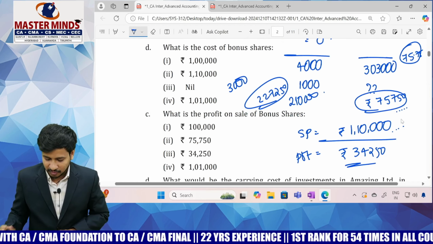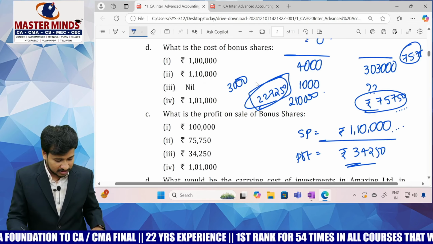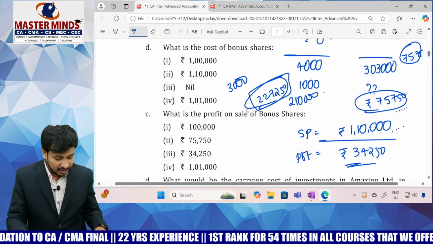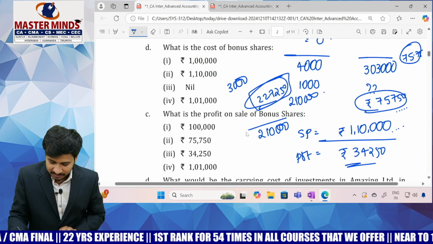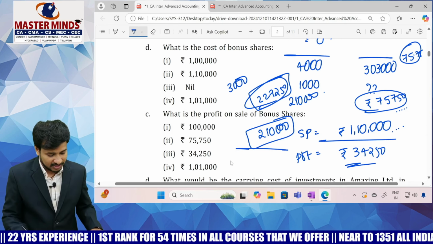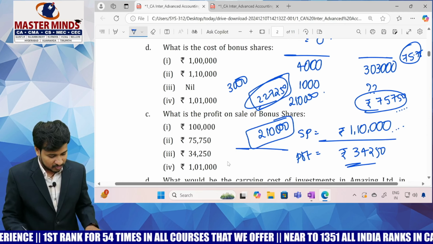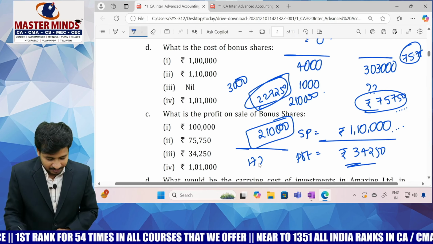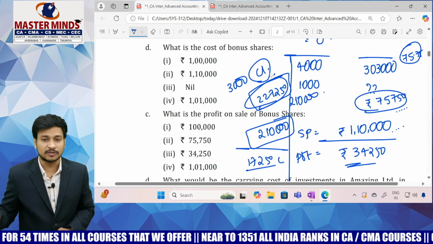The cost of closing shares was 2,27,250, and the fair value of closing shares at rupees 70 comes to 2,10,000. So cost or fair value, whichever is lower, comes to 2,10,000, leaving 2,27,250 minus 2,10,000, that is 17,250 as loss on closing.